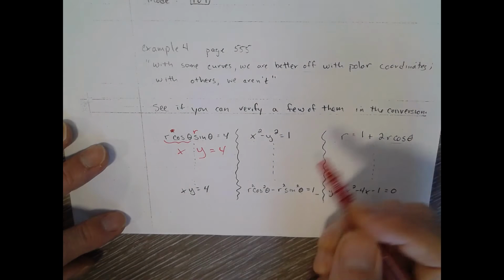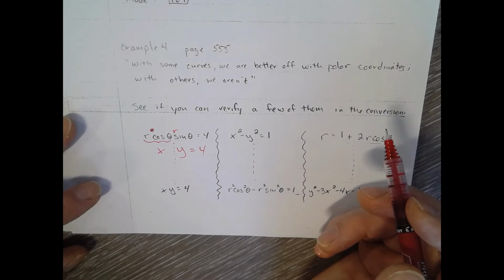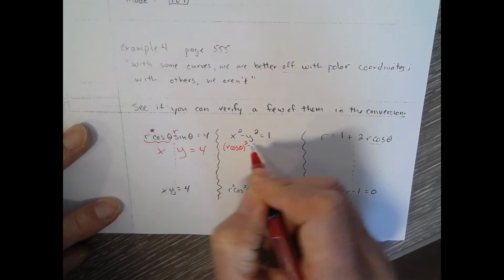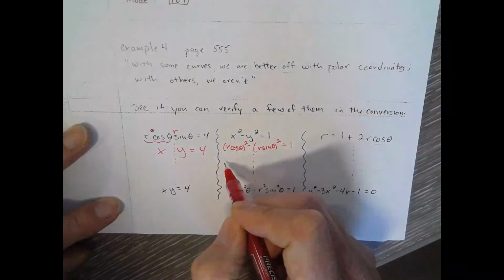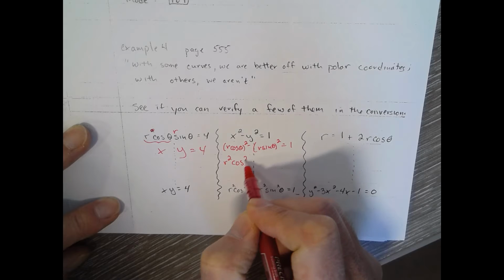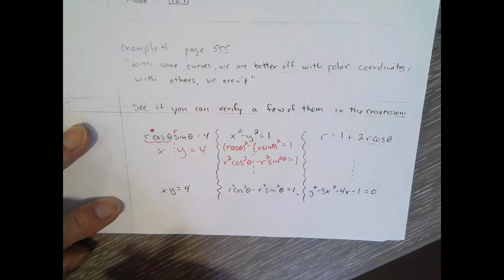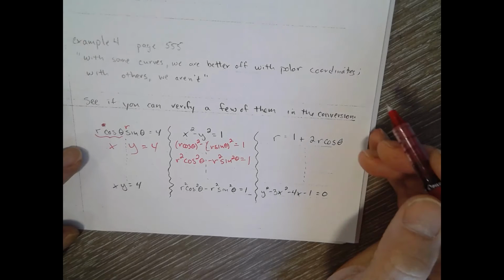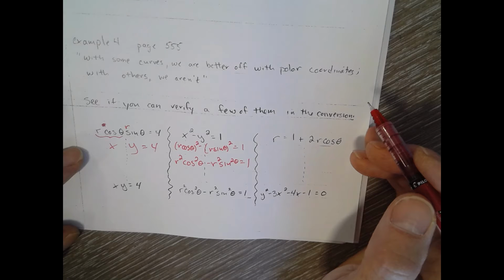What about this one? You square the r cosine theta and you square the r sine theta. Oh, so you change your x to be r cosine theta and your y to be r sine theta, and you get r squared cosine squared theta minus r squared sine squared theta. All right, again, pretty straightforward. What about this one? You get the square root of x squared plus y squared, and then you have to simplify that.